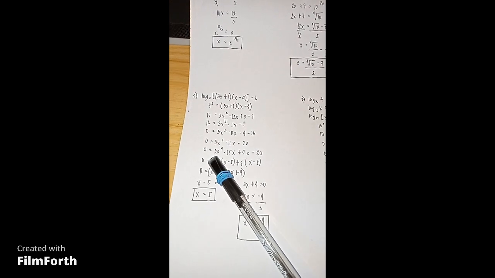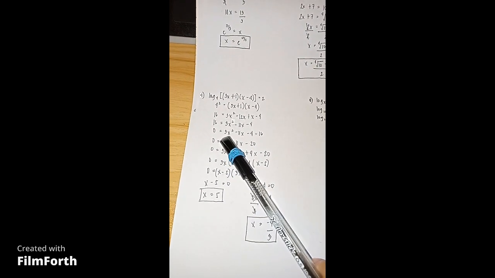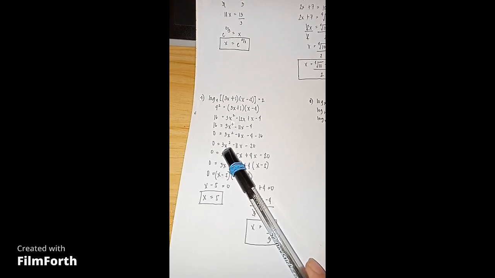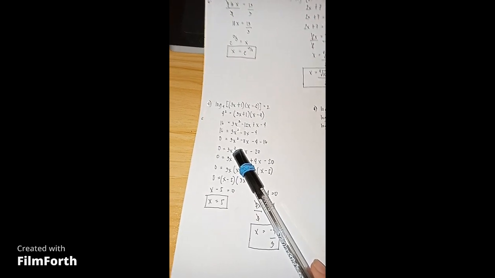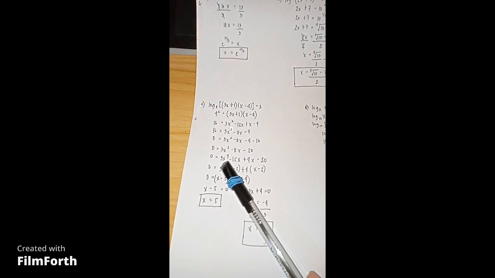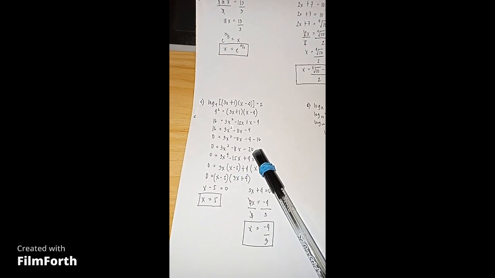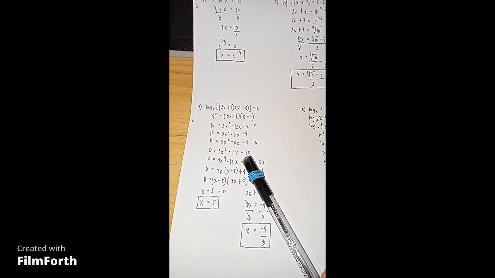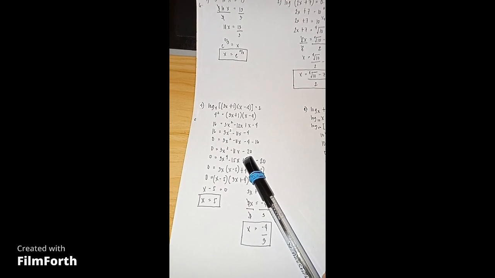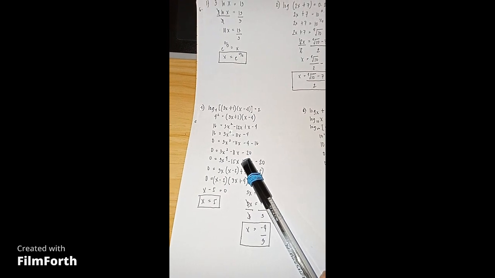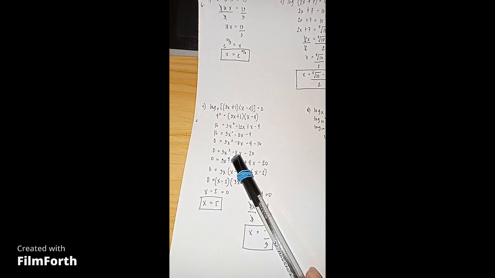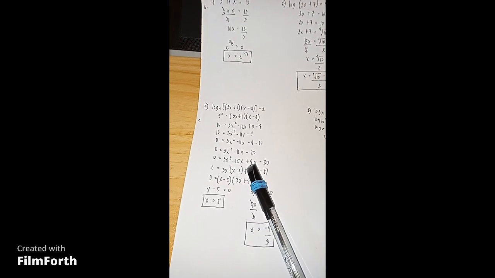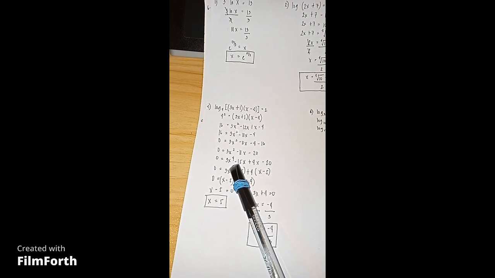So here we need to factor the 3x squared. So that will be 3x squared. So 3 times negative 20 is negative 60. So we need to find combined numbers that equal to negative 11. So we find negative 15 times 4 is negative 60. So it's equal to negative 11.